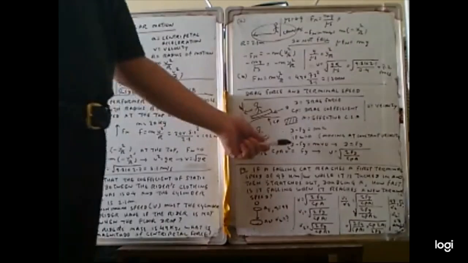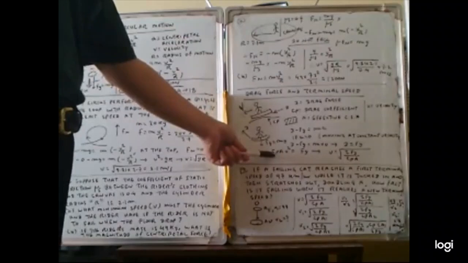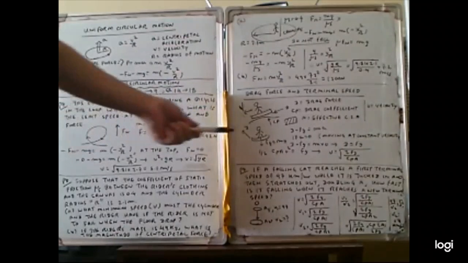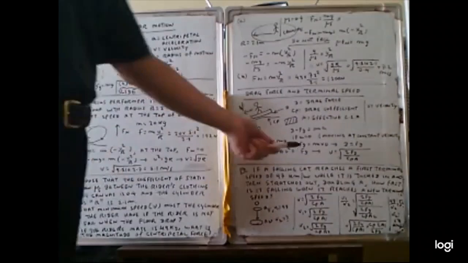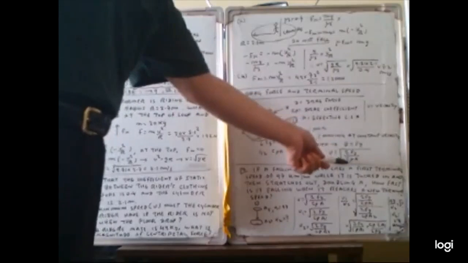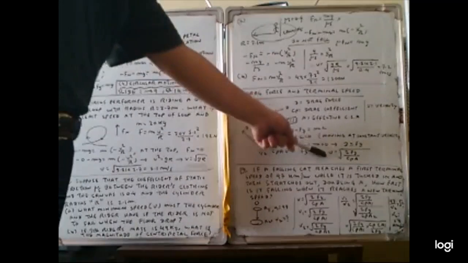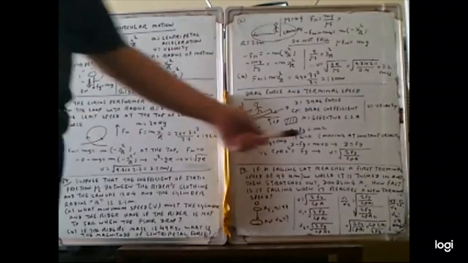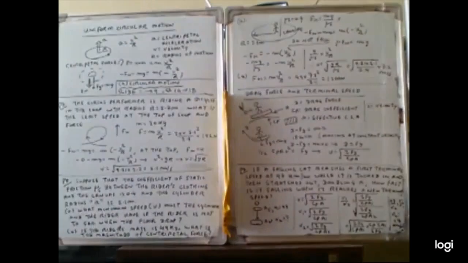So the drag force formula is half C rho A v squared, equal to Fg. So v is equal to the square root of 2Fg by C rho A. This is how the terminal velocity can be calculated: the square root of 2Fg by C rho A, where Fg is the weight, C the drag coefficient, and A the area.